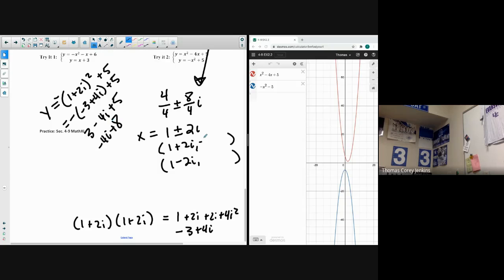Okay, so -4i plus 8. And then the last one is going to be, we're going to sub in 1 minus 2i, right? See what we get there.